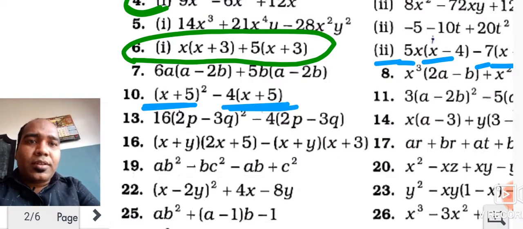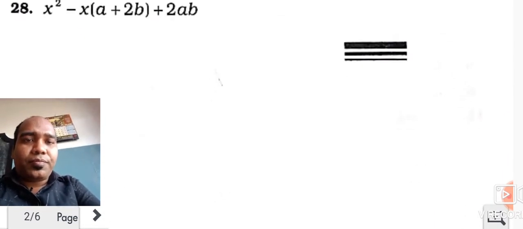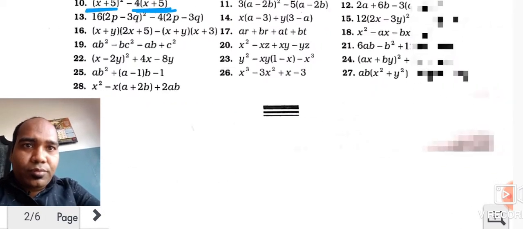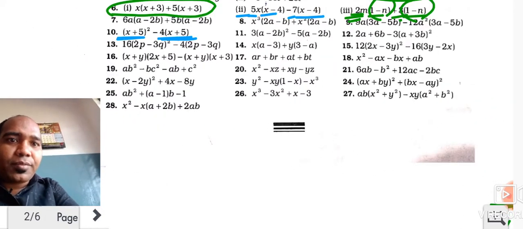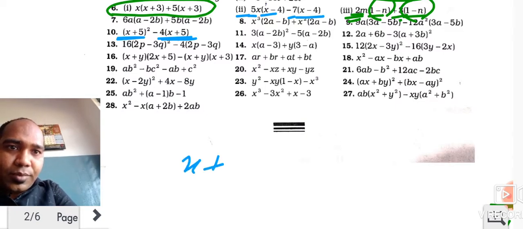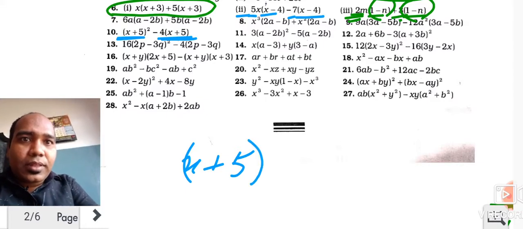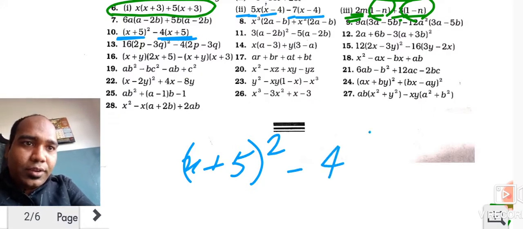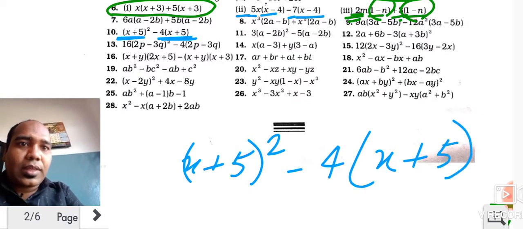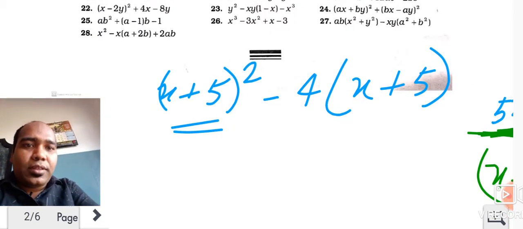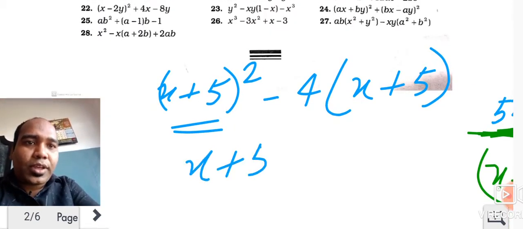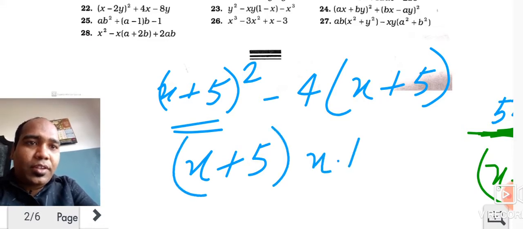So, how can we solve this question? The question is x plus 5 whole square, minus 4 into x plus 5. x plus 5 whole square means what? x plus 5 into x plus 5.